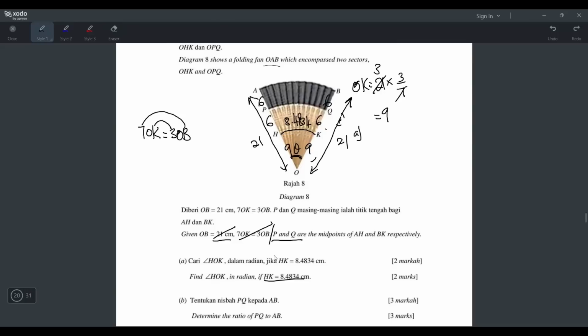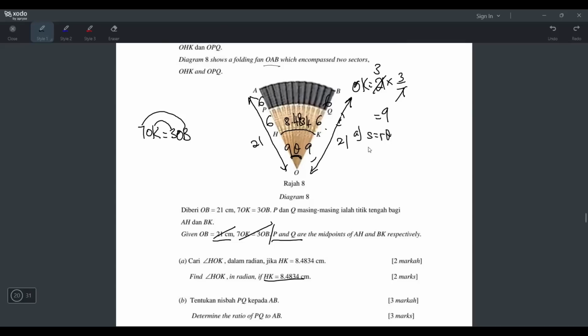But I think this question, they are trying to tell you the arc, I think. Yeah. So this question is not very good because they never mention it clearly lah. But actually, they should mention it in the exam. Actually, they should tell you whether it's arc or chord because HK can be the arc HK, it can also be the chord, right? And if it's a chord, then we use different formula, right? Okay, but I think it's referring to the arc lah.